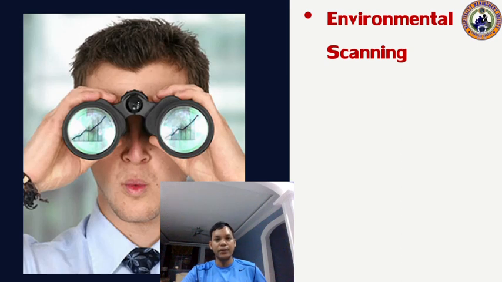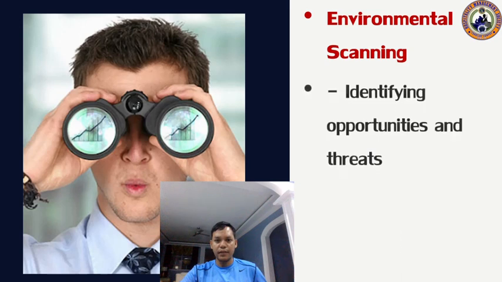Okay, as you see here in the picture, this guy is using this telescope to scan, or to identify, or collect information and data, so that when he decides on some verification or changes in the business that he handles, he has a baseline and some concrete information in order to make a decision that leads him to the success of his business.